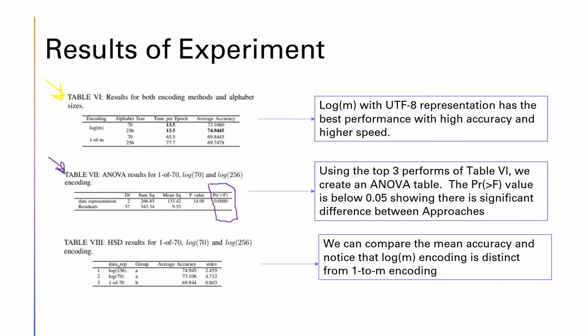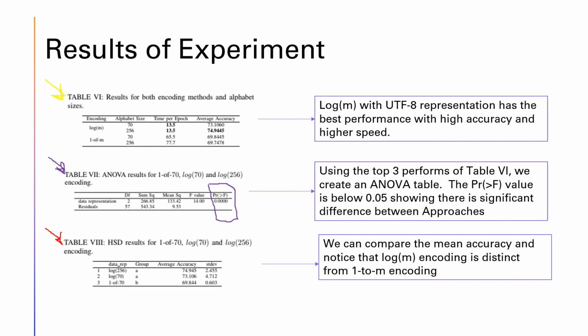Now, after that, we do our Tukey honestly significant difference test. Here, this table here. Excuse my cross. We use this to determine significant difference between the approaches. From eyeballing this, you can see Group A, log 256 and log 70, are pretty close to each other, so there's no significant difference between those two.